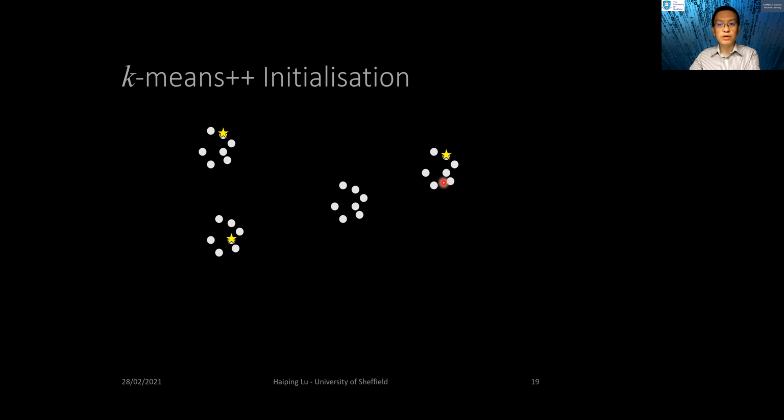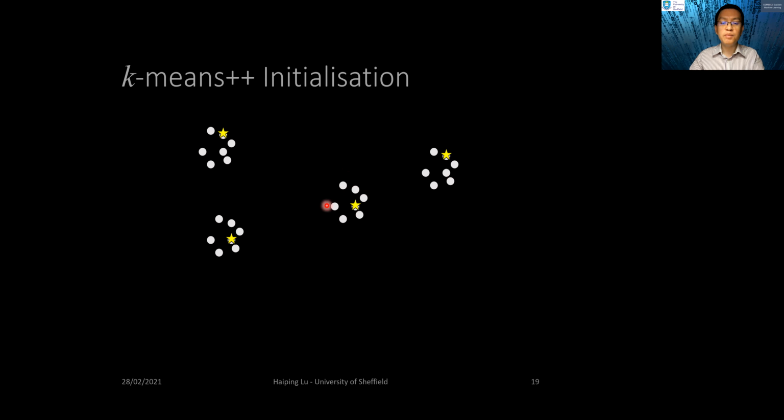You look at here: these points are very close to the center, and these are also close to the center. Therefore, these three clusters of points have a low probability to be chosen, and these points have high probability.